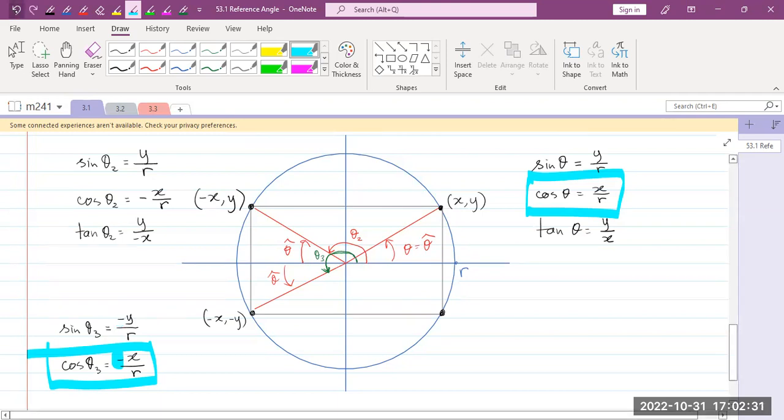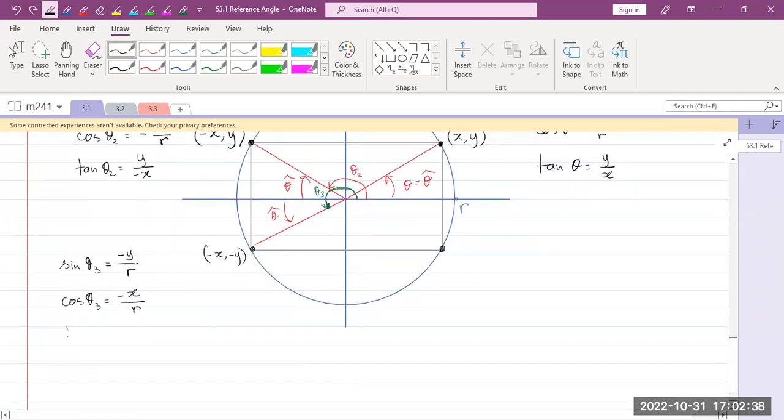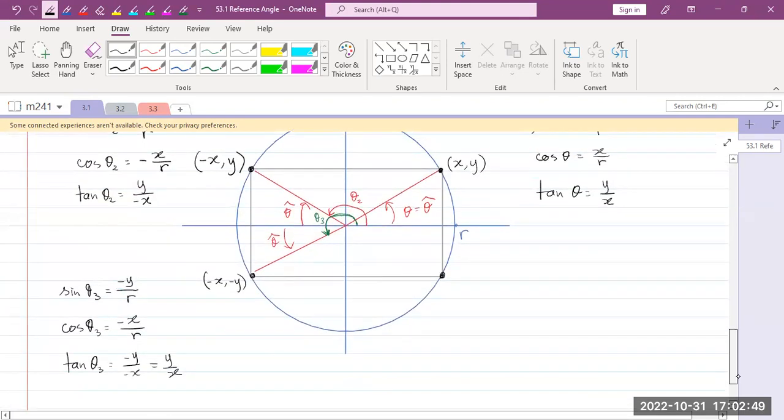Tangent of theta 3 will be negative y over negative x, which simplifies to y over x. So tangent of an angle in quadrant 3 has exactly the same value as the tangent of the reference angle.